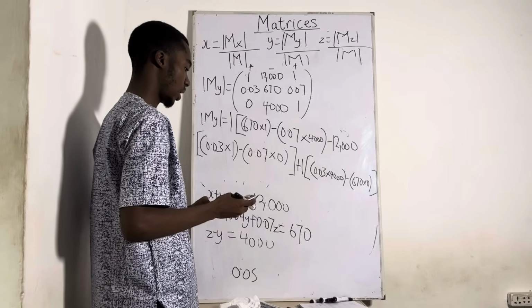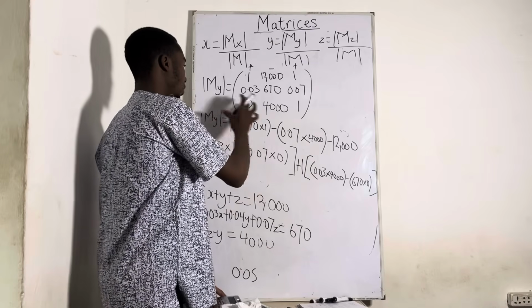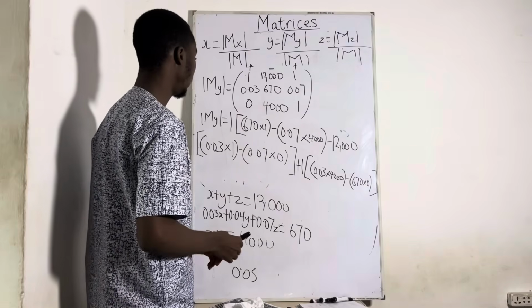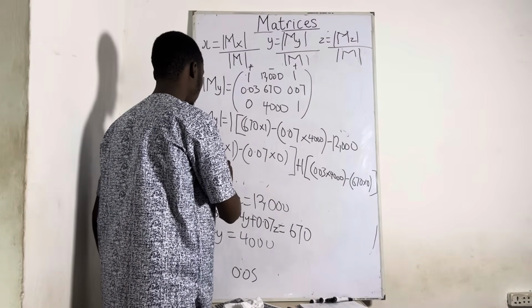So let's punch this on the calculator and see what you are getting. All right, so when we punch all this on the calculator, you should be getting 150. So when you do step by step, you should be getting 150.